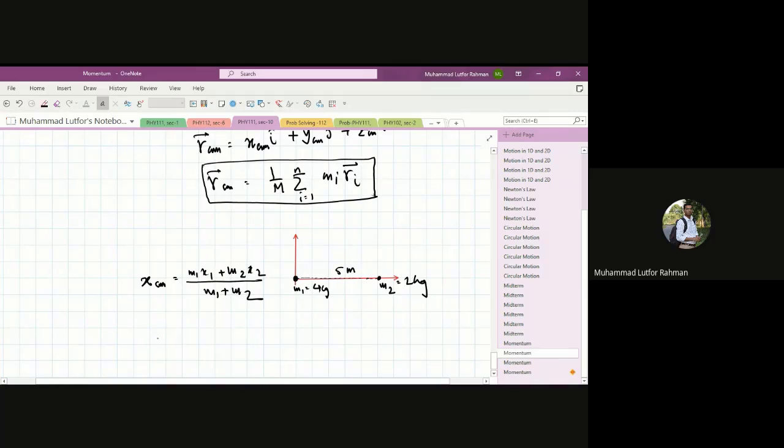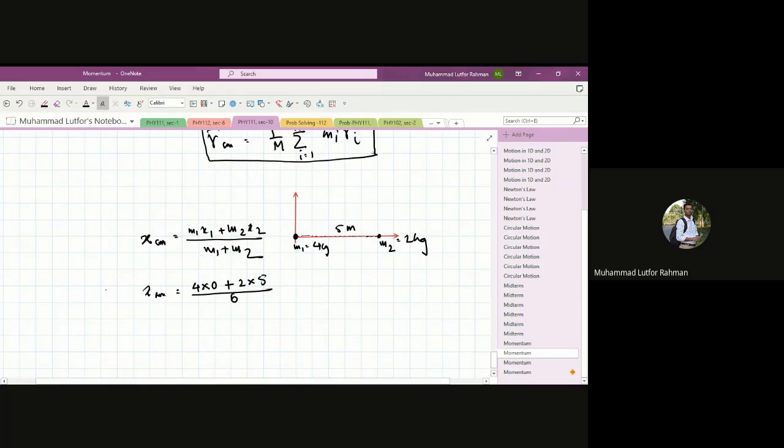Then I can write x_com equals m1, which is 4 kg, into 0, plus m2, which is 2 kg, into 5, divided by 6, right?